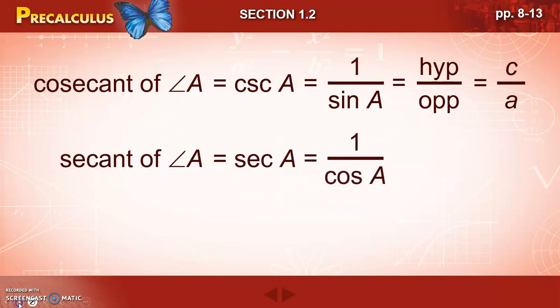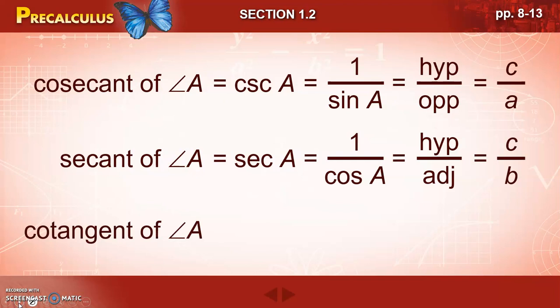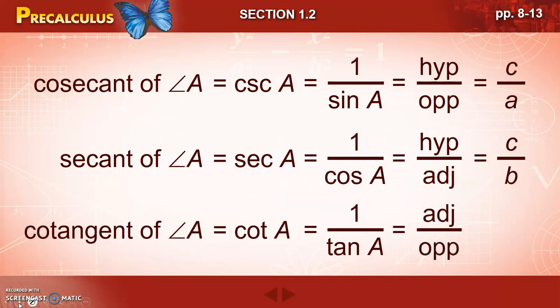If cosine was adjacent over hypotenuse, then secant is, that's right, hypotenuse over adjacent. And cotangent of A is the reciprocal of tangent, written COT A. It's 1 over tangent. So if tangent was opposite over adjacent, then cotangent is adjacent over opposite. That is correct.